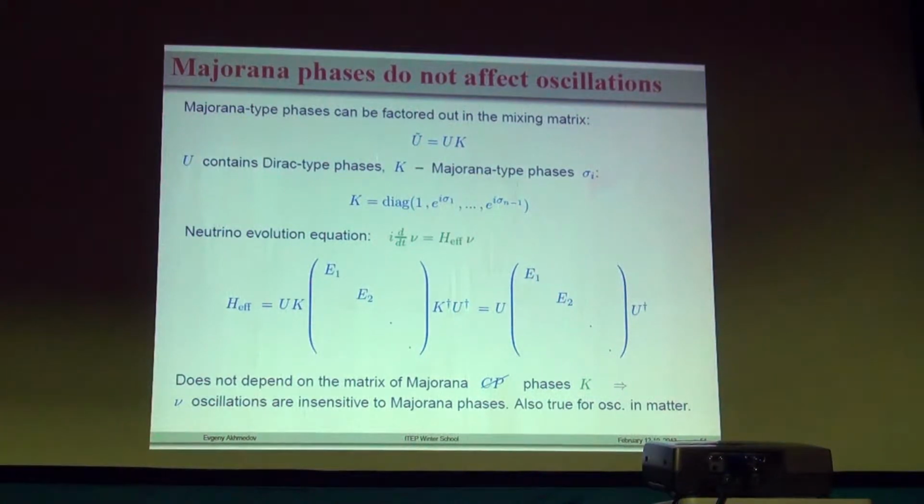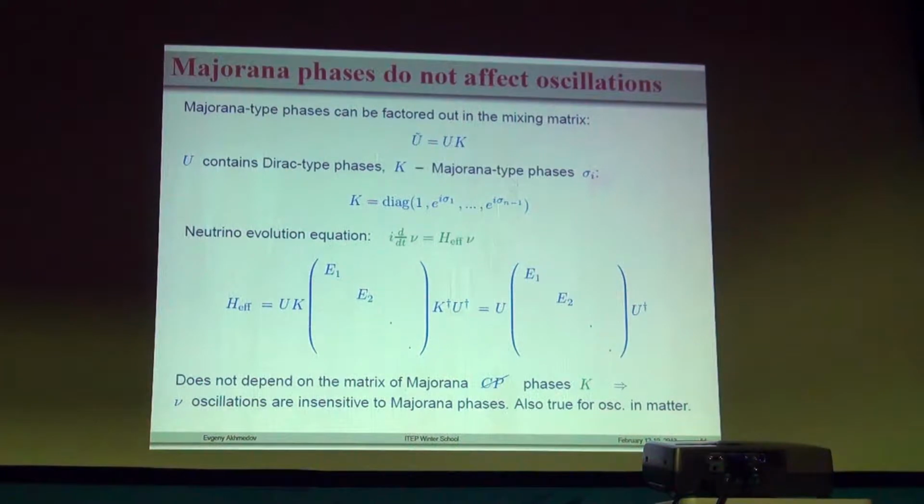If you remember, the evolution equation for neutrino oscillations in vacuum was given by a Schrödinger-like equation, in which nu is a vector of neutrinos of different flavor. H is an effective Hamiltonian, and this is the equation which describes the evolution of the neutrino system. So if we remember that H can be written as U times a diagonal matrix of the energies times U dagger, and here, instead of U, we should use U twiddle, and then K is a diagonal matrix, and this is a diagonal matrix.